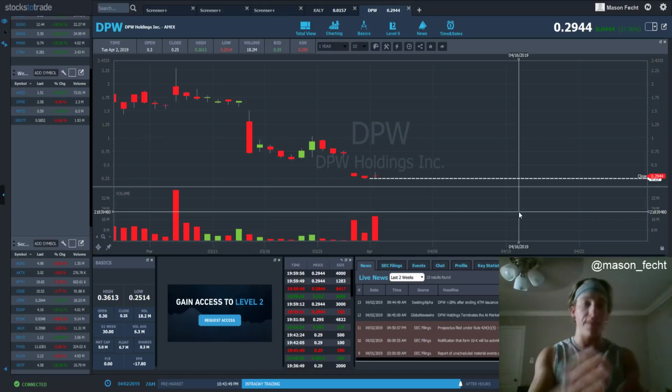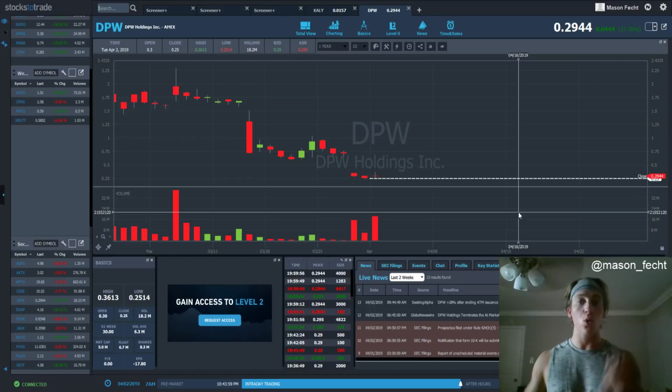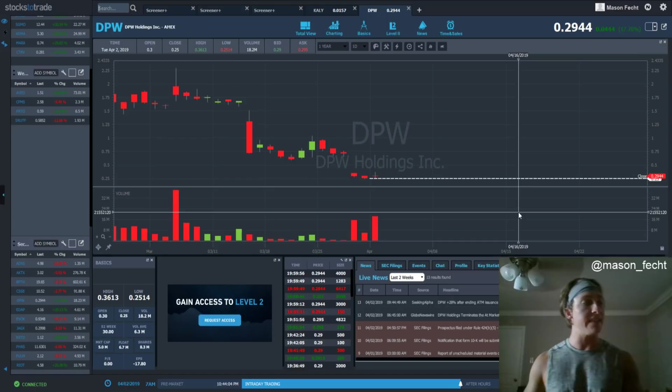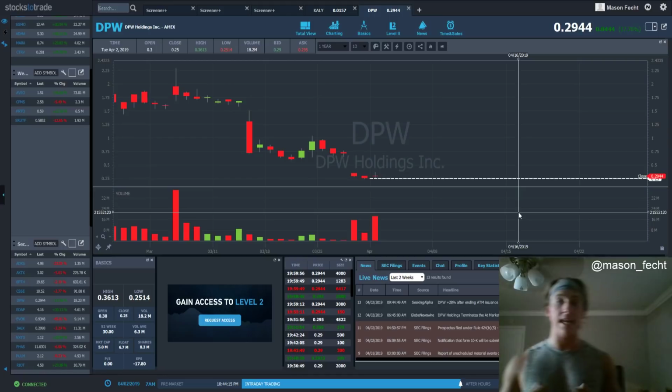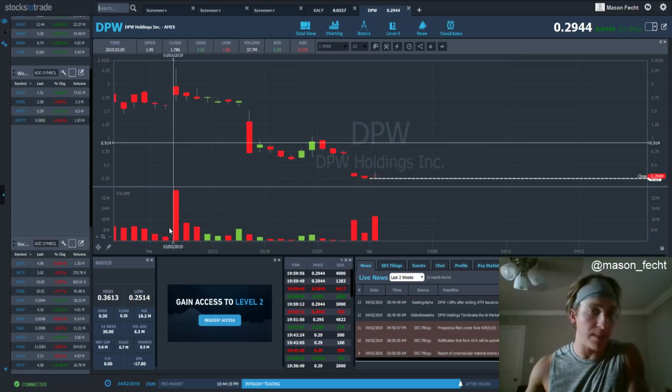And I'm sure that's what they were doing. And now that it has ended and they have the catalyst of a reverse split, the float is going to be lower. And if Bitcoin can continue this move and go up in price, then DPW, because it's a Bitcoin sympathy play, has a good chance, in my opinion, of having some nice volatility and some strength and buyers to back it up. So I'll keep that on my secondary watch list.